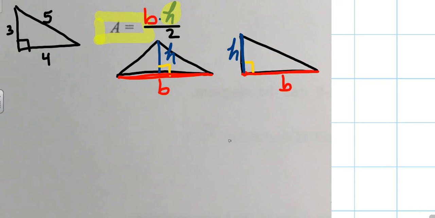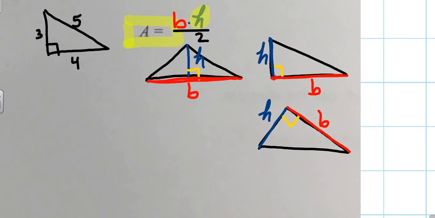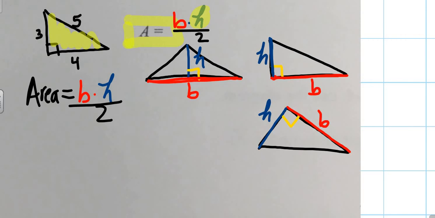I could even rotate this right triangle like this. Do you see how the right angle has now moved? But we would still call this the base and this the height. So right here, for this triangle that you want to find the area of, let's write our area equals the length of the base times the height over 2.